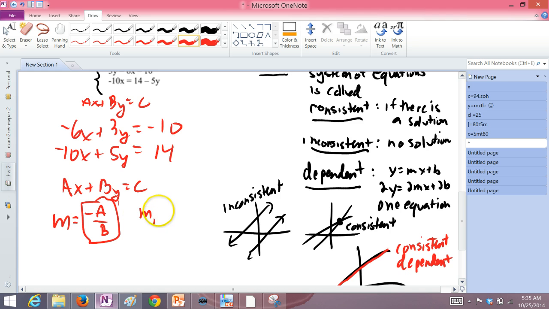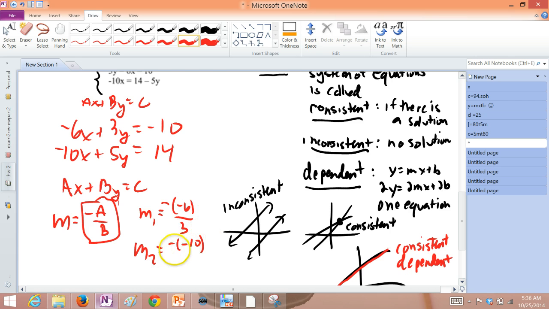So the slope of the one line is the opposite of negative 6 over 3. This one is the opposite of negative 10 over 5. They both have a slope of 2. So we have this situation where we have parallel lines.